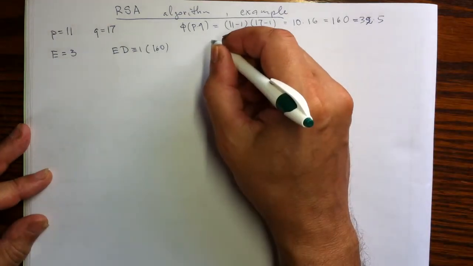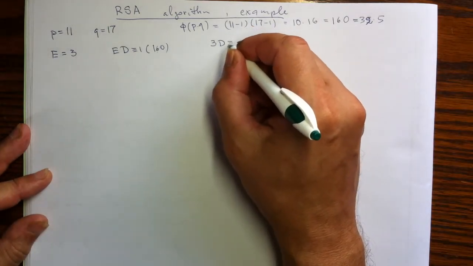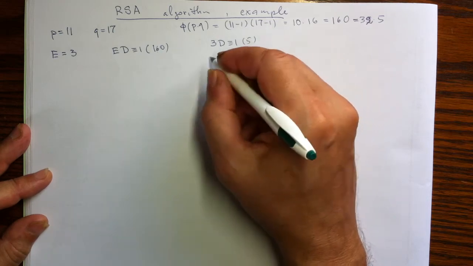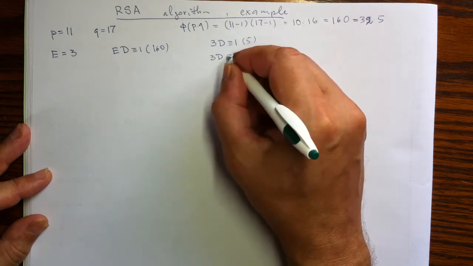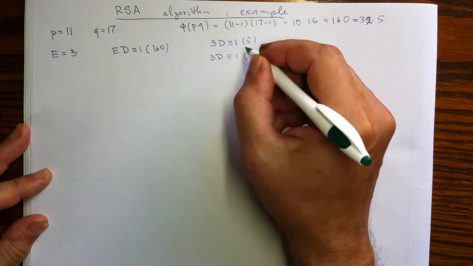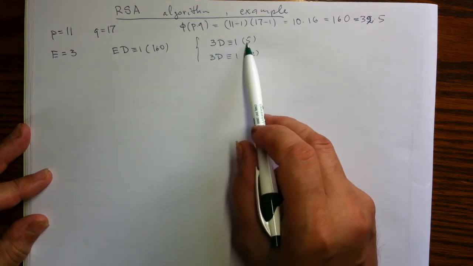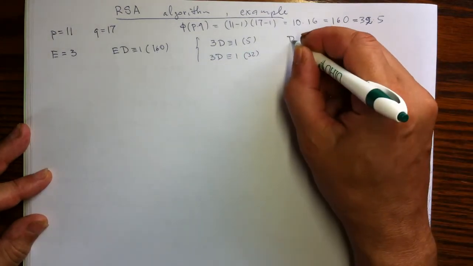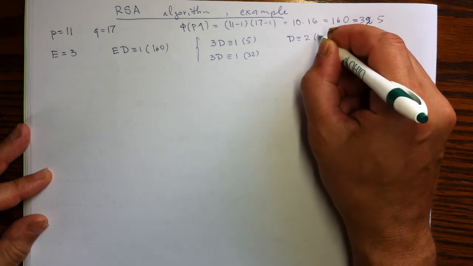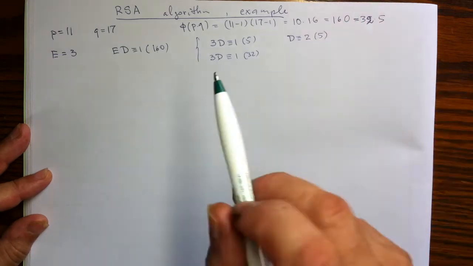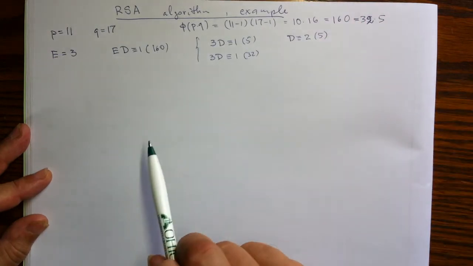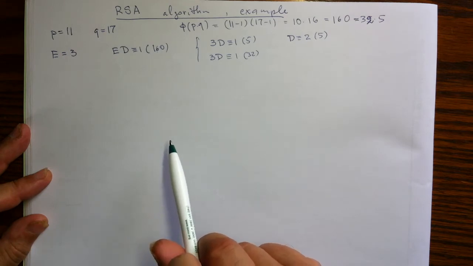So what do I know? 3D is congruent to 1 modulo 5, and 3D is congruent to 1 modulo 32. Simultaneously, that is equivalent to the required congruence. Inverting 3 modulo 5 is easy, so D has to be 2. Inverting 3 modulo 32 is also easy.